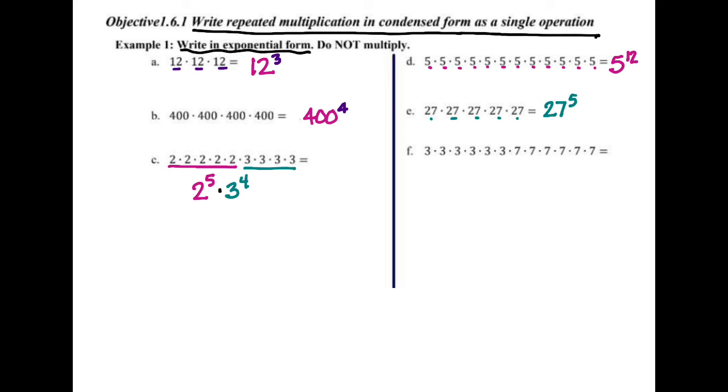So it's 27 to the 5th. And now F has 2 different bases, so we need 2 different parts. So 1, 2, 3, 4, 5, 6 3's, and 1, 2, 3, 4, 5, 6 7's. And those are being multiplied together. And you're done.